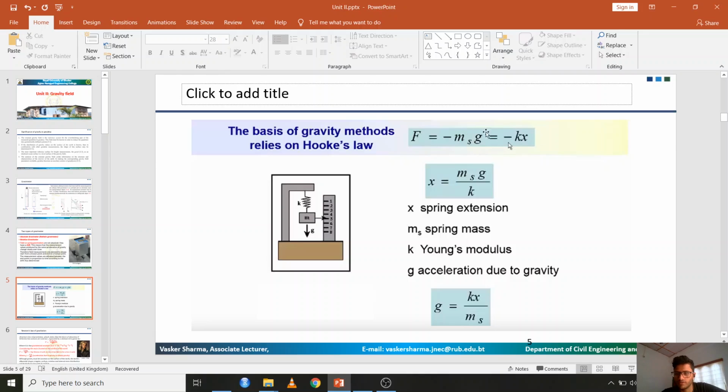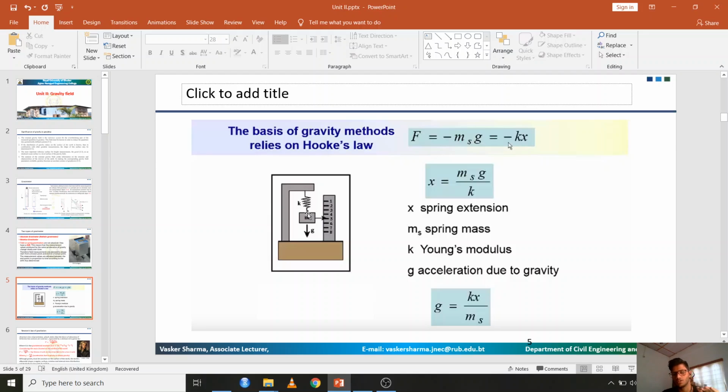We simplify this equation, and the spring extension x is equal to the mass of the spring times acceleration due to gravity divided by the Young's modulus. But our aim is actually to get g. So g is k, the Young's modulus for a spring, which has a specific value, times x, divided by the mass. x is the distance, the deformation or extension of the spring, which is measured by laser light.